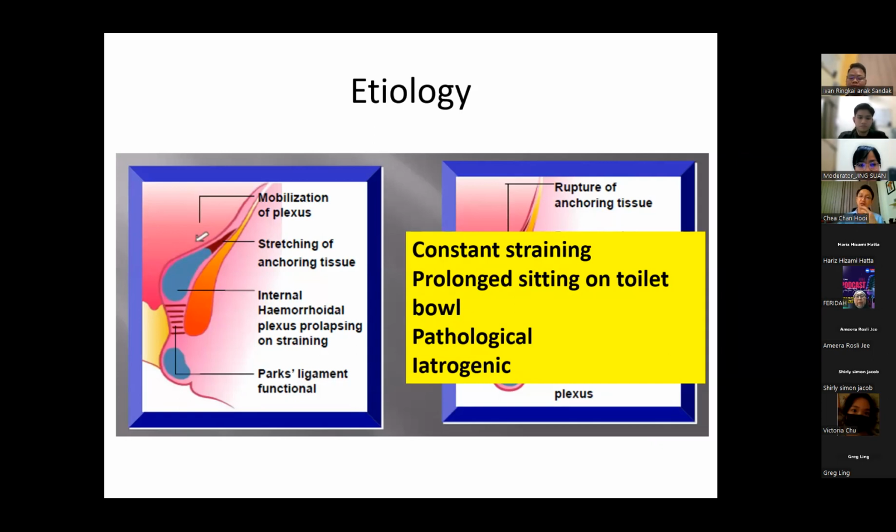Or it could be iatrogenic. Sometimes after we have performed surgery in the anorectal canal, for example cancer surgeries near the rectum, it can disrupt the blood vessels and connective tissue surrounding the anorectal canal, and lead to hemorrhoids forming after our surgery.